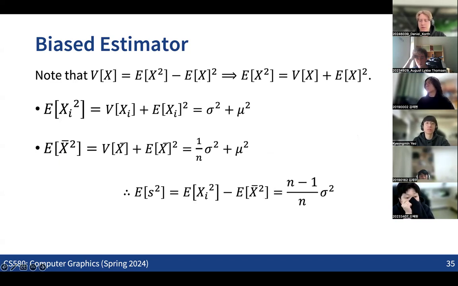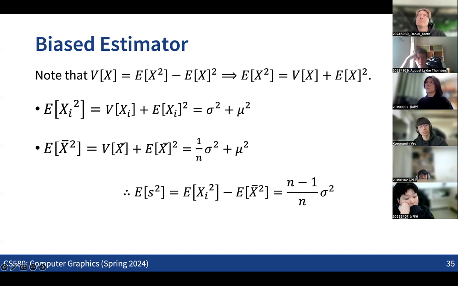The second term has 1 over n times the variance plus the squared mean. This comes from the definition of x bar, which is the mean of the sample set. These two cancel out, and in the end we get (n minus 1) over n times the variance as the expected value of this estimator.